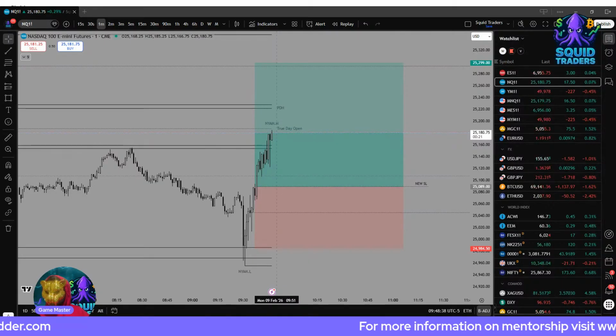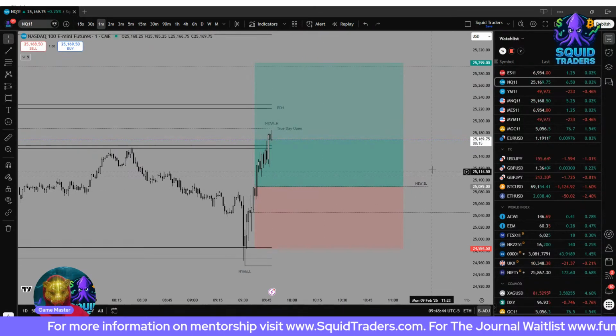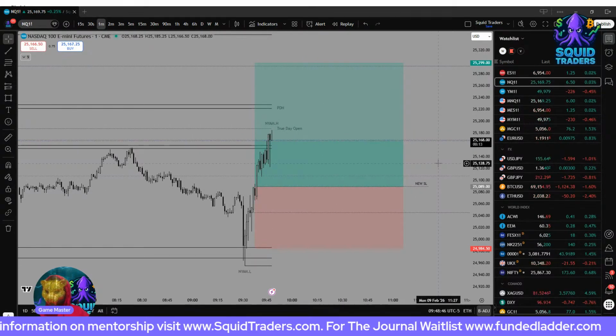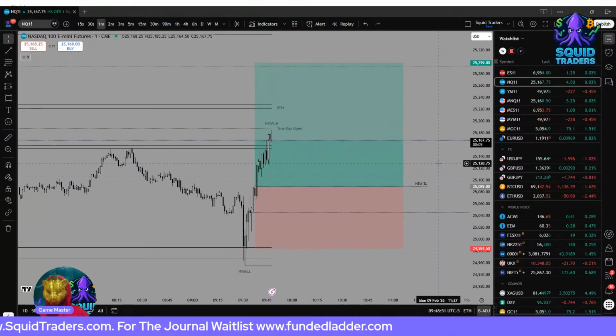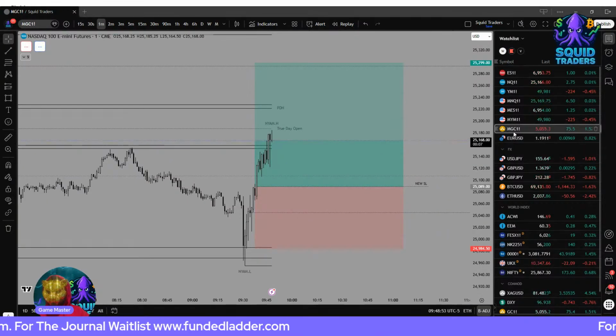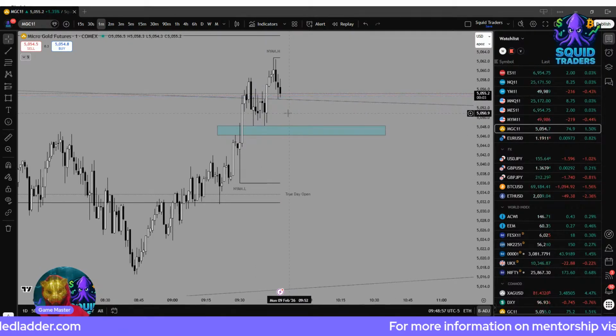Let me go break even on my gold trade as well. Cool, lovely. So gold is coming back inside. Right now I've put my stops just under this candle, so 5050. I don't want price to come below that.